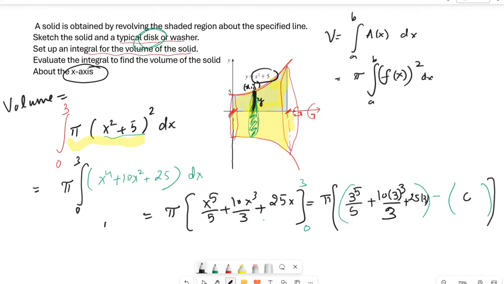And when you put 0, everything will be just 0. Now you can put it all in the calculator and you will get 1068 over 5 pi. That is the volume of the solid obtained by rotating that given region about the x-axis.